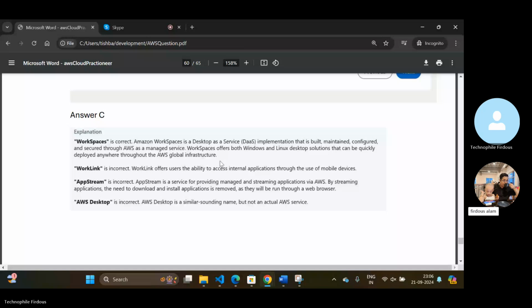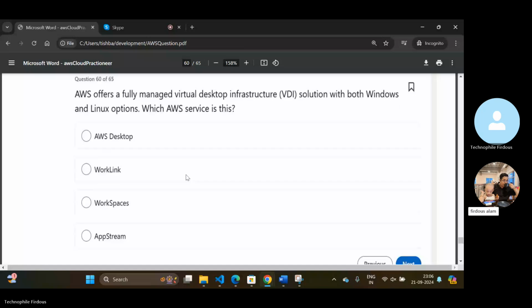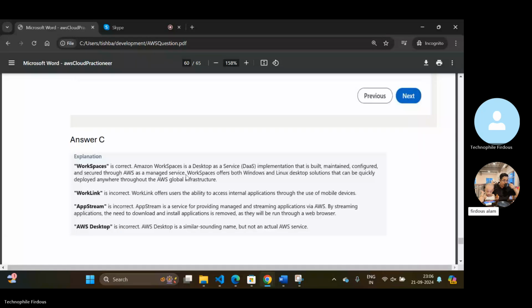What is WorkLink? WorkLink is used to access internal applications through a mobile device. So this is regarding using it through a mobile device, but you're talking about the Windows and Linux operating systems. Okay, so this is not the correct answer.